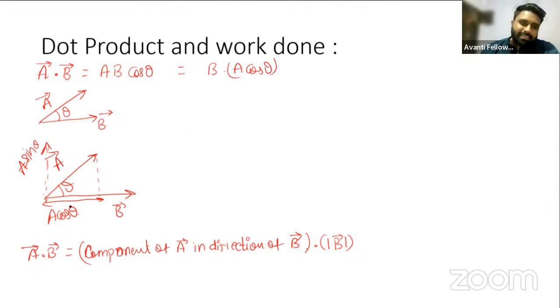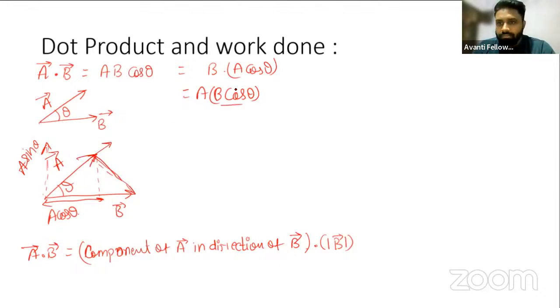This A cos theta is nothing but the component of vector A in the direction of vector B. Or you can also write it as A times B cos theta, which means you have to resolve vector B in the direction of vector A. This is B cos theta. So these are the many ways to write the dot product between two vectors.